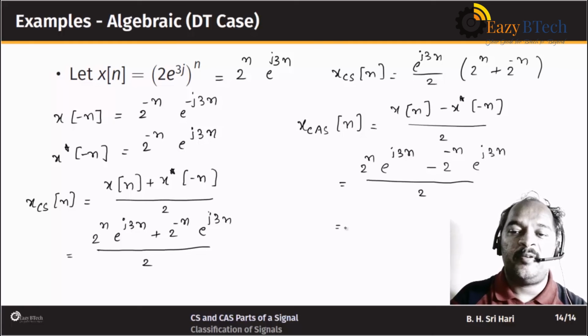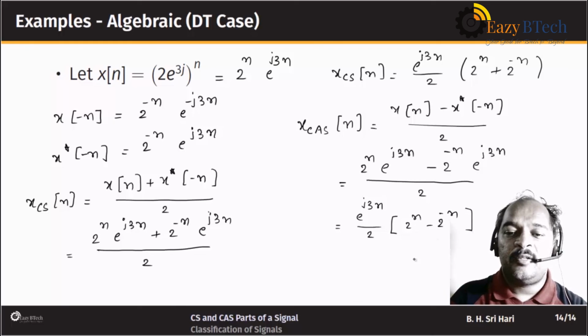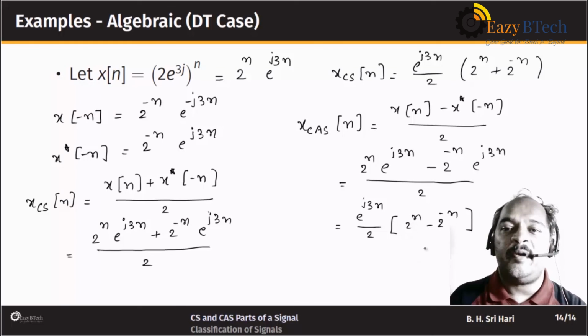That simplifies to e power j3n by 2 common, times 2 power n minus 2 power minus n. In this way we can evaluate the conjugate symmetric and conjugate antisymmetric parts of a signal.